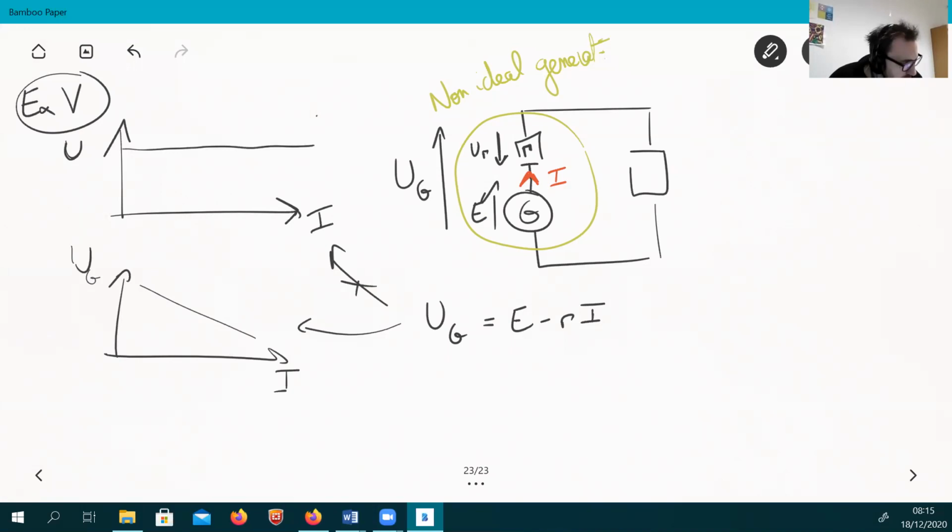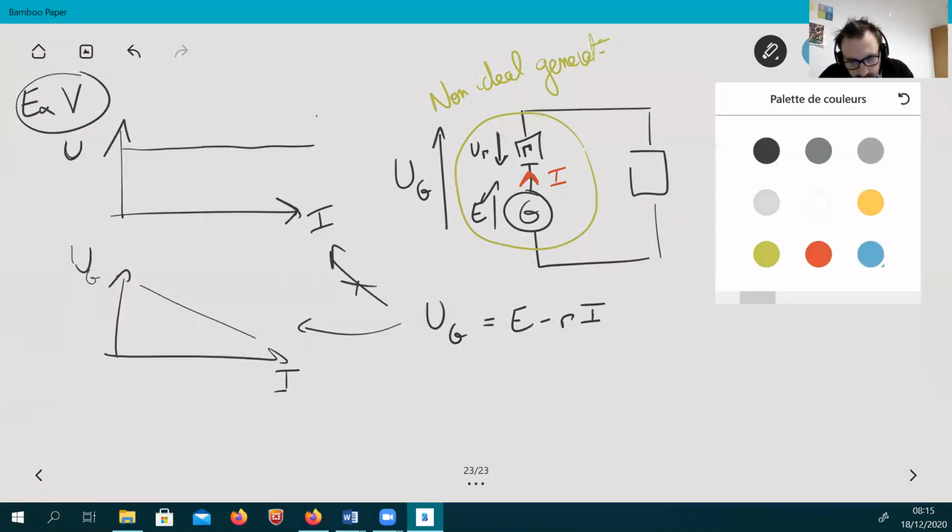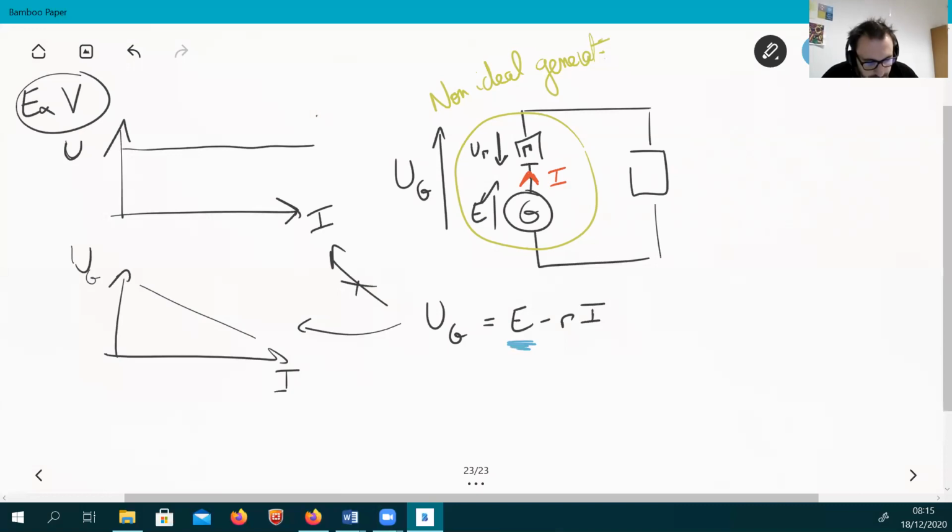So from the curve of the exercise, you can easily find this parameter and also this parameter. E, you get it because when I equals 0, then U_G0 equals E. So this is where the curve is cutting the axis here.